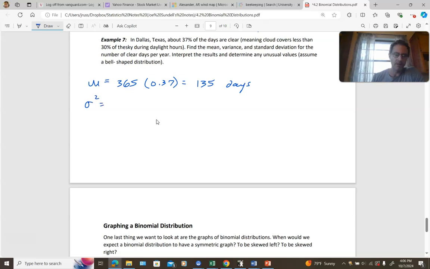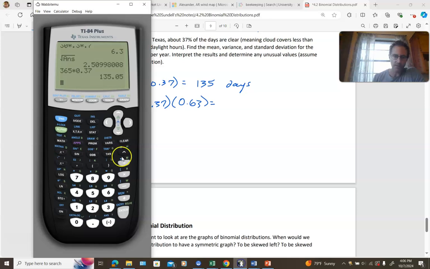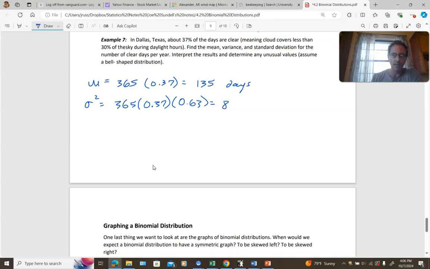And then the variance would just be 365 times 37% times 1 minus 37%, which is 63%. Let's see what this gives us. Well, I've already got that in there, so now I could just multiply it by 0.63. Okay, so 85.08.